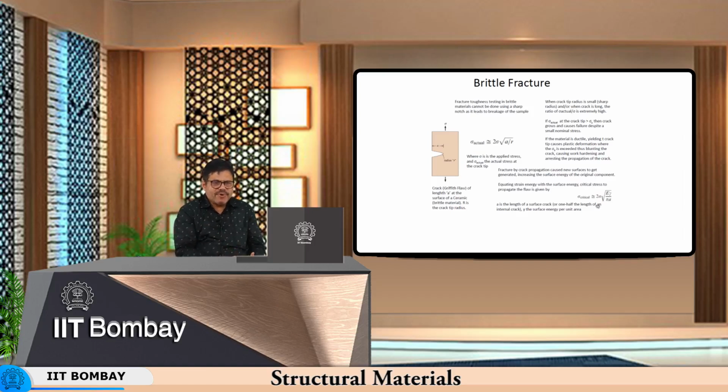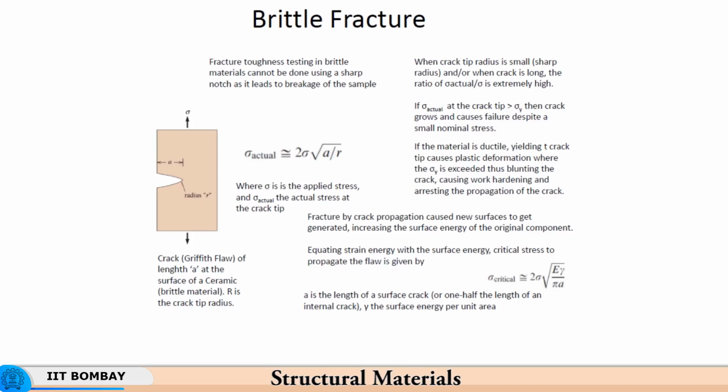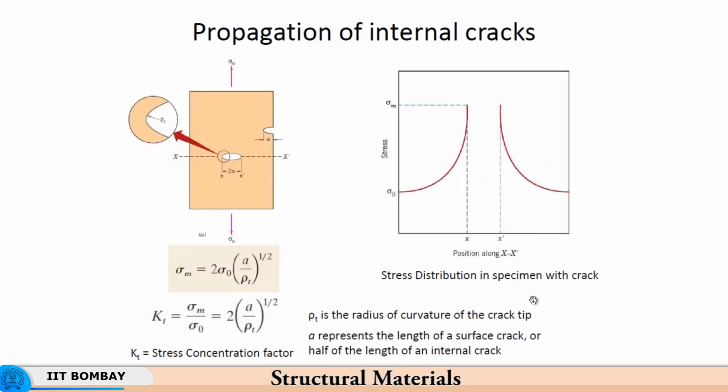Now, what happens in brittle fracture? In case of brittle fracture, the plastic zone does not get formed at all. So, there is no question of plastic deformation taking place. Normally, if plastic deformation were to take place in this zone because of intensification of the stress, then the crack tip gets blunted. A certain amount of energy is required to generate a new surface, but that energy is absorbed by the plastic deformation.